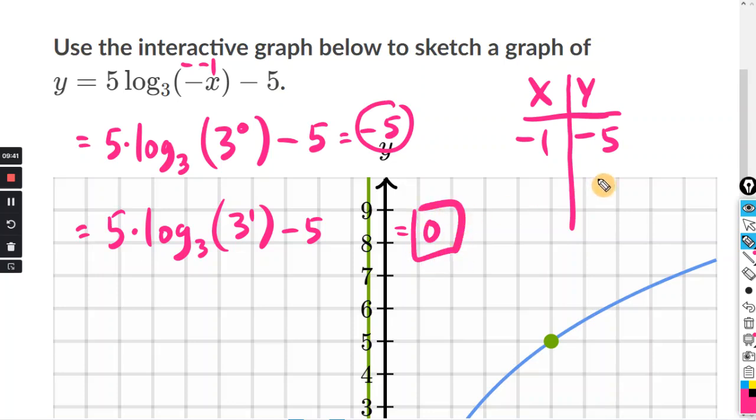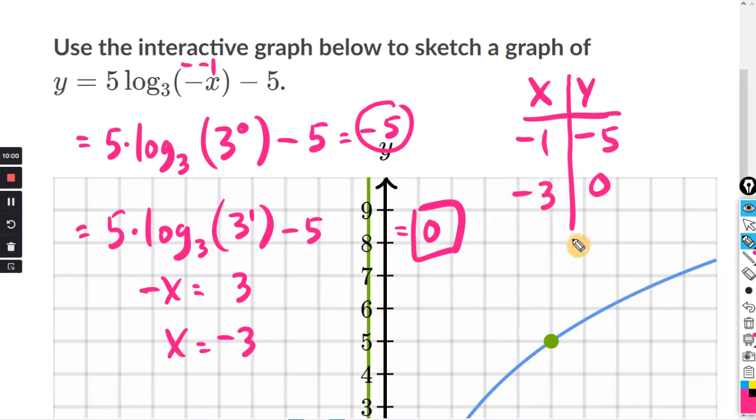So the y value is 0, and 3 to the first is the same as 3. What would make negative x equal to 3? Well, that would have to be x equals negative 3. So at x equals negative 3, y is 0.